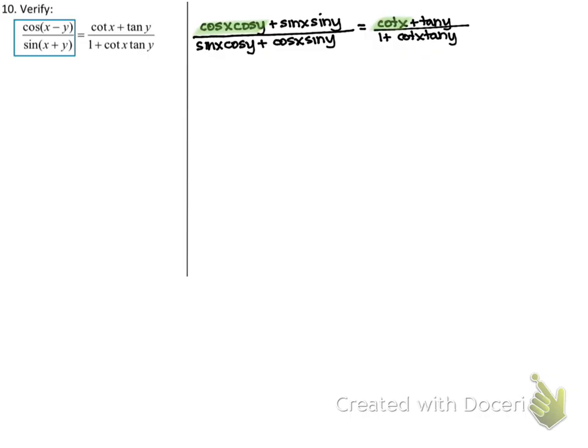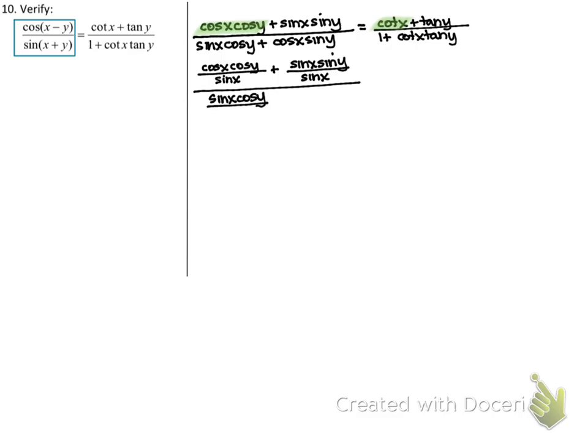So let's do cosine x, cosine y. If I divide this by sine x, that'll give you my cotangent x. But if you're going to do that, you got to divide everybody. It's the same as if you are multiplying through by 1 over sine x. And this might get a little ugly, but that's okay.